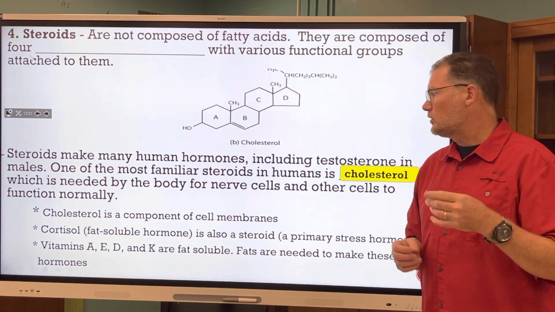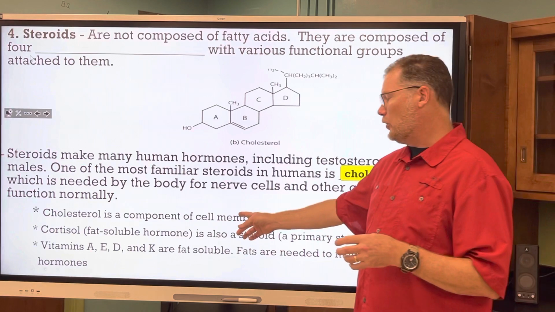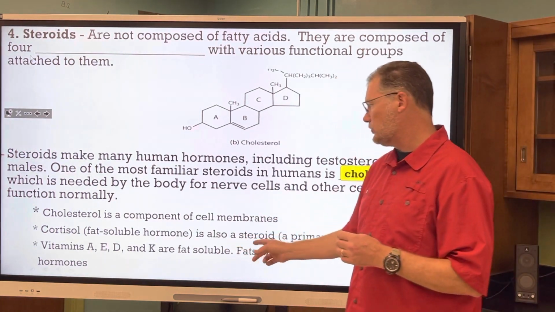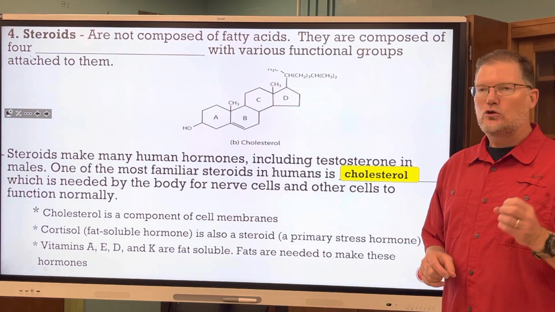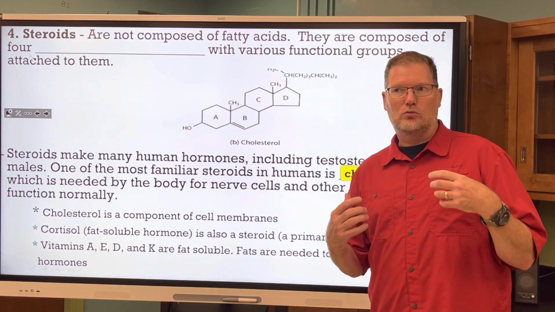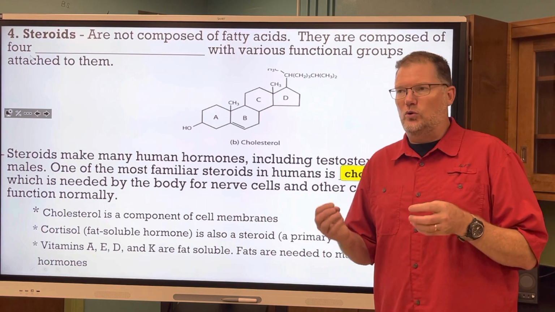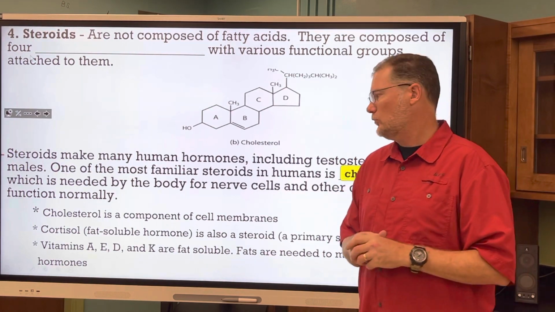Now, too much cholesterol obviously is bad. So it's a component of cell membranes. Then there's cortisol, which is also a steroid. It's a stress hormone. Cortisol kind of is like adrenaline. When you get an adrenaline rush, you also get a cortisol rush, which does similar but different things in your body, okay?